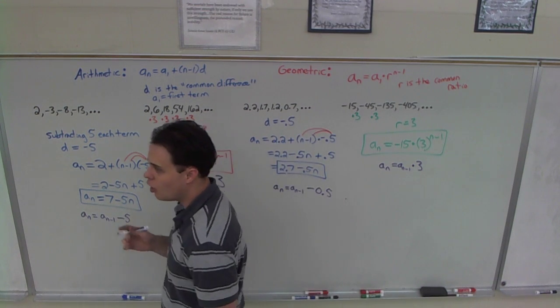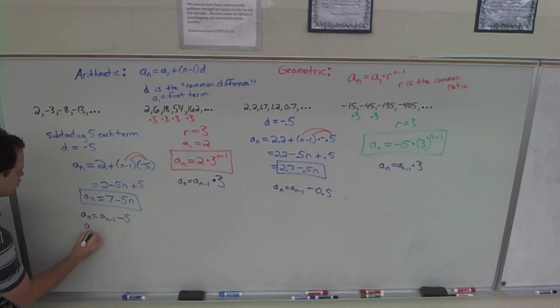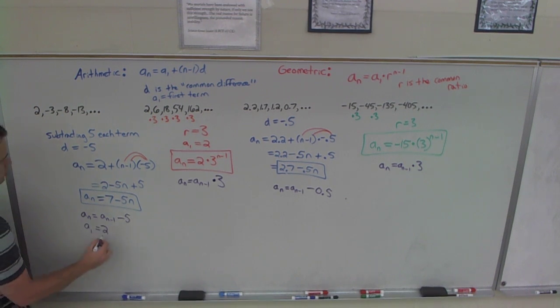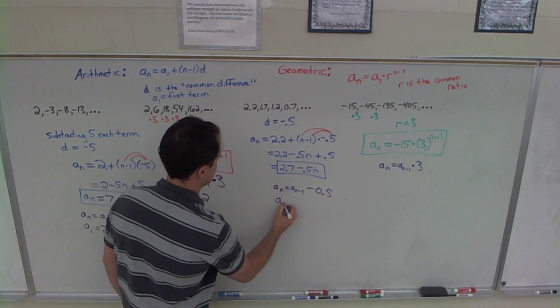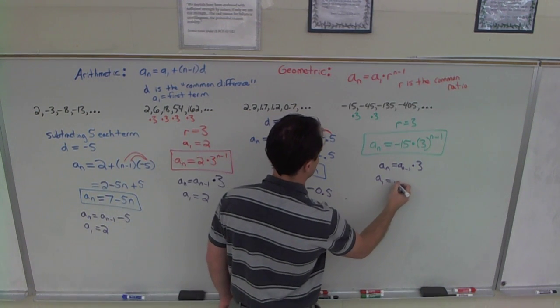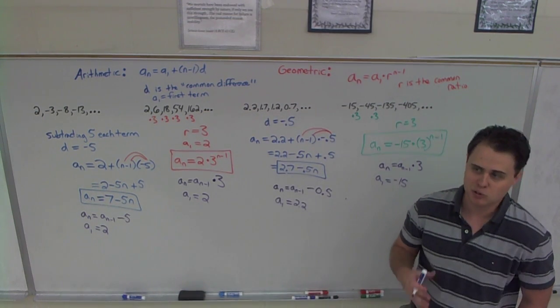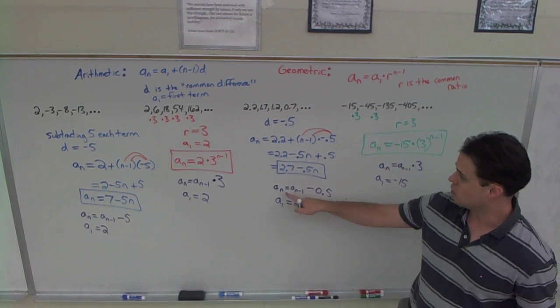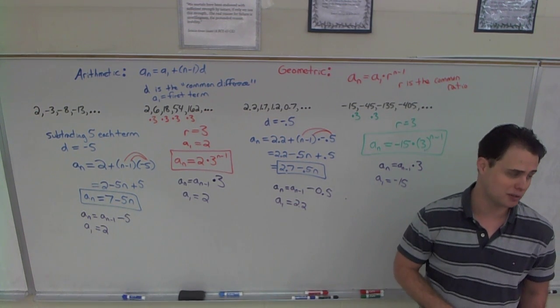For recursive, though, you always have to say what the starting spot is. You've always got to say the first thing is 2. The first thing is 2. The first thing is 2.2. The first thing is negative 15. If you don't have a starting spot with recursive, you can't get anywhere because the current term always relies on the one before it, so you have to have a place to start from.